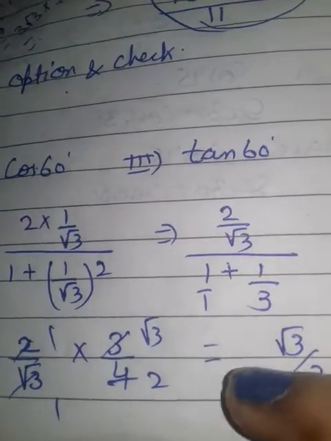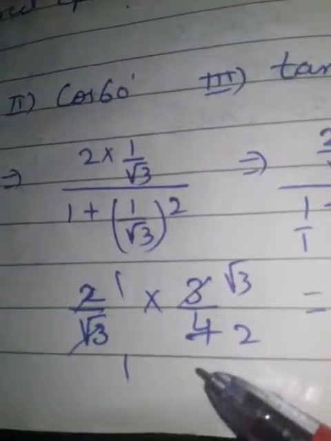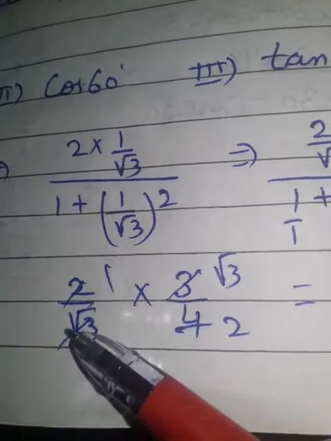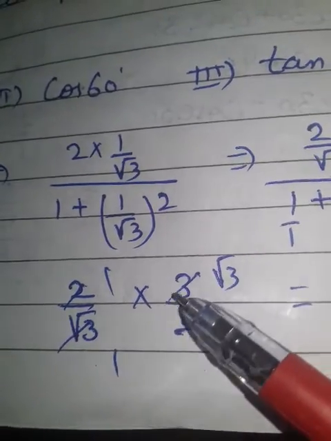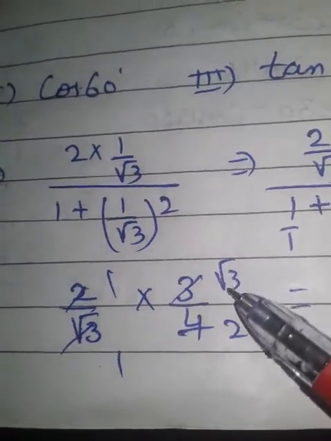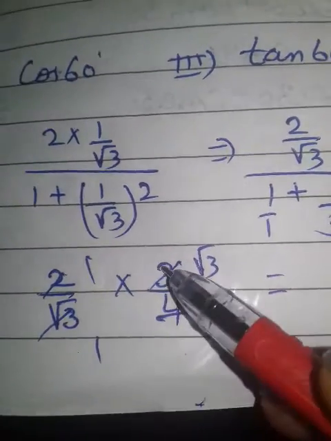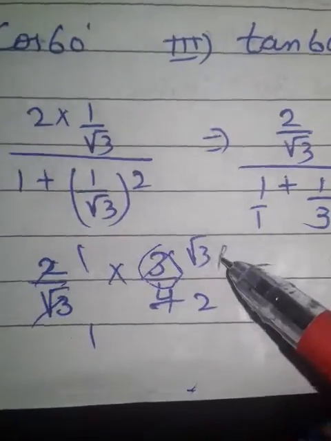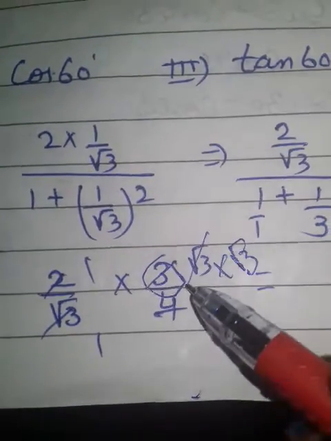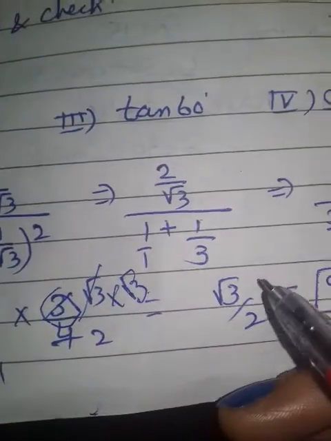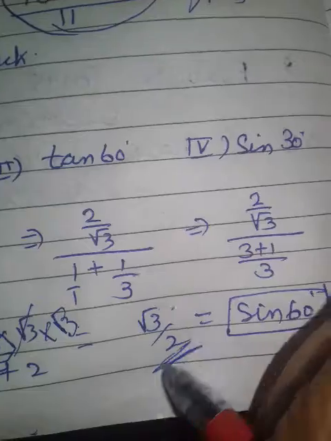After that I have cut here. 2 ones are 2, 2 twos are 4. And root 3 and only 3 is there. So I cancelled, only root 3 will remain. You know that root 3 can be written as root 3 into root 3. So 1 is cancelled, only root 3 is left. So this is your answer.